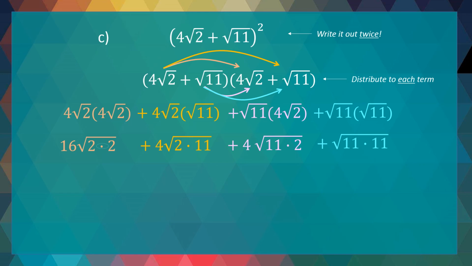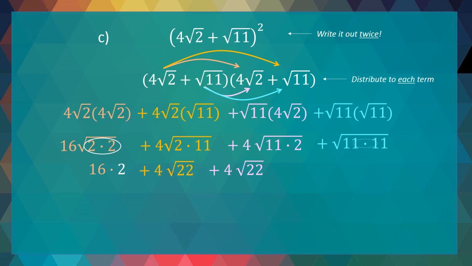The first term, notice, we do have a set of 2's, so we can rewrite that as 16 times 2. The second term, we do not have any sets, so we can multiply 2 times 11 under the radical. The next term has no sets, so we can multiply those values under the radical.